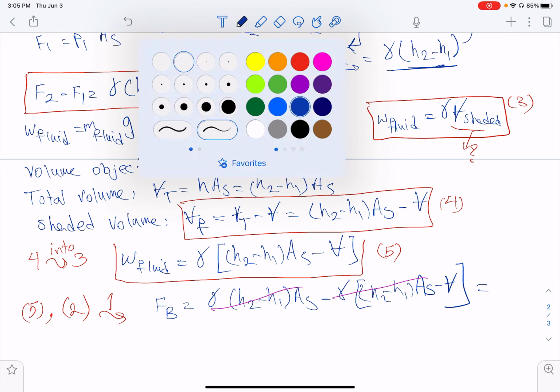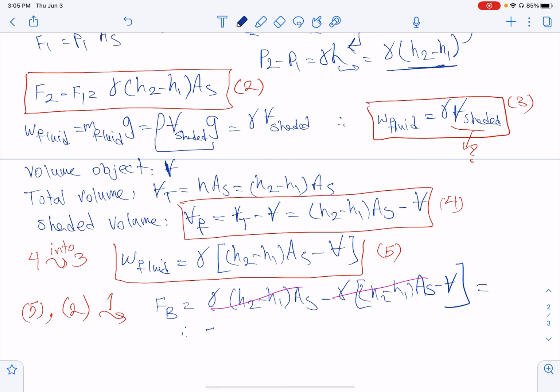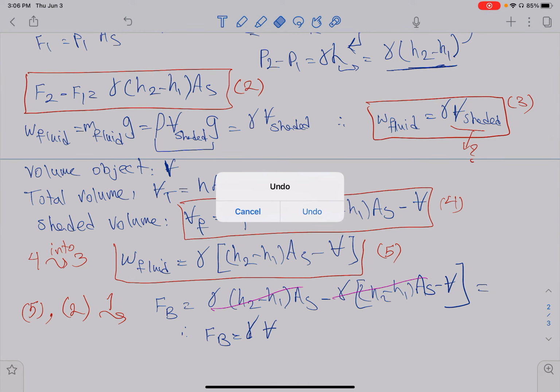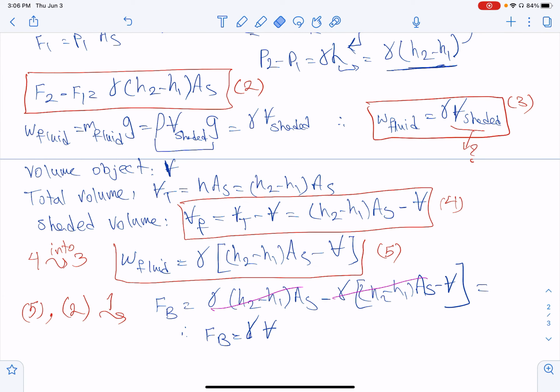And then at the end FB is equal to gamma times volume. This gamma times volume is the fluid displaced, and this is the volume displacement.